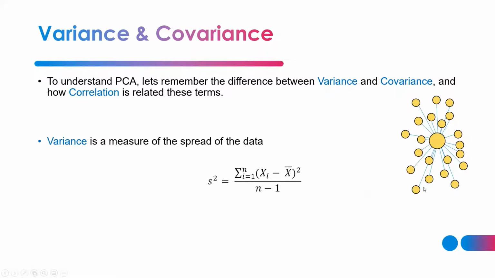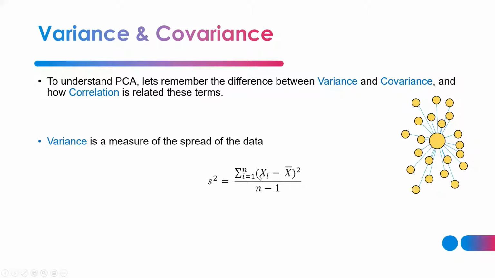Given a set of data points, these small yellow circles that I'm showing here, variance is about computing the distance between each of these points and the global average, or simply the mean. So we take x sub i, which is each one of these points, and subtract the average, x bar.